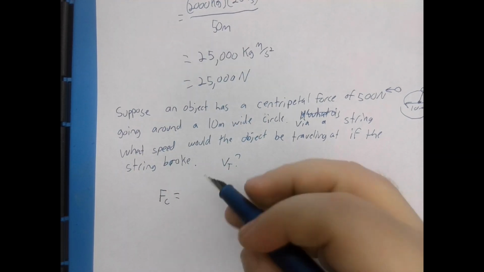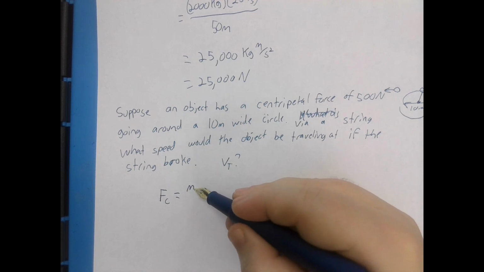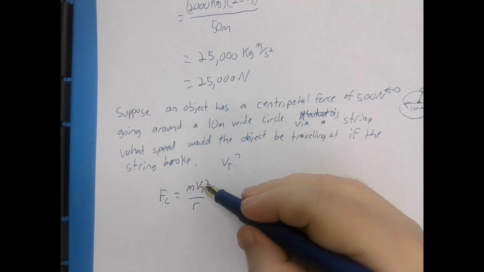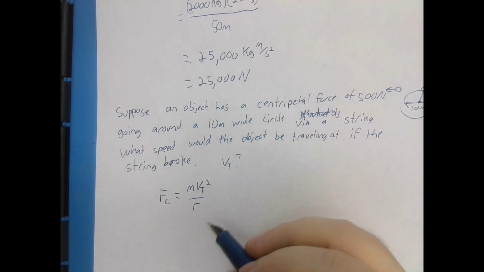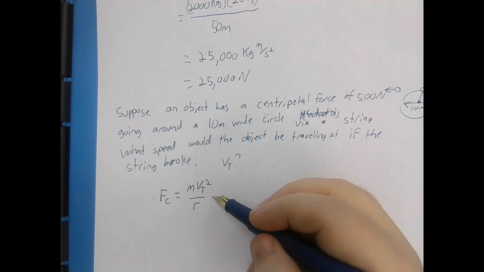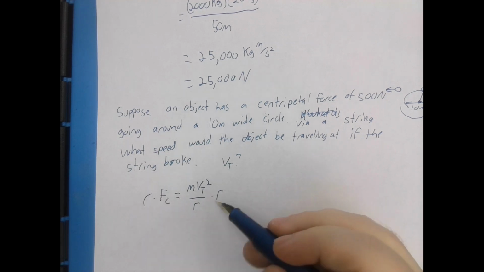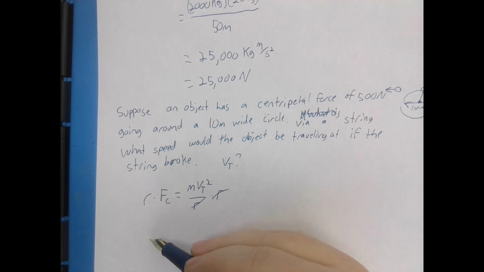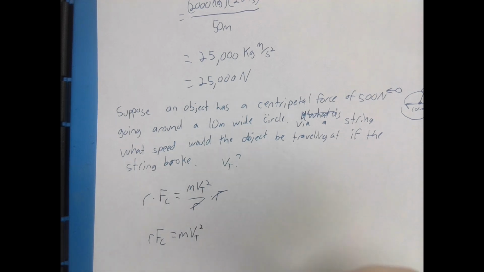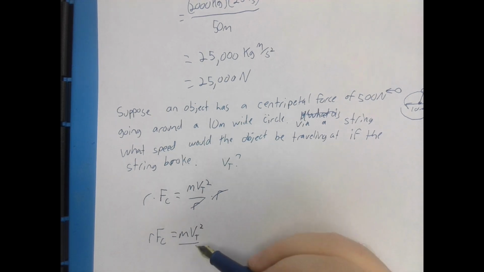So Fc equals mass times velocity t squared over r. We're solving for vt. So multiply r to both sides. That cancels it on this side. We're left with r times Fc equals m vt squared. Divide by mass. Cancels it on this side.